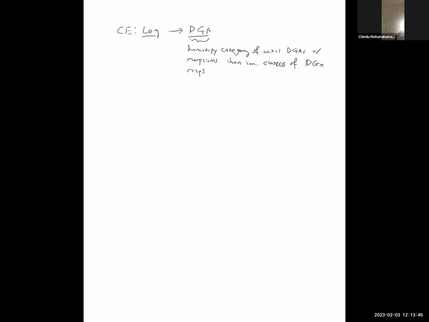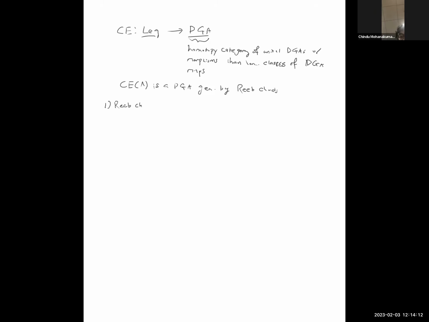Okay. And so describing what this functor is, we have that CE of lambda is a DGA generated by Reeb chords.